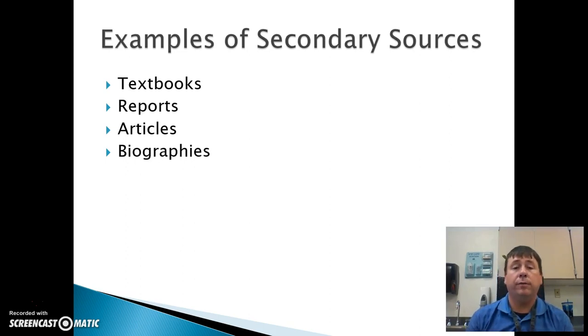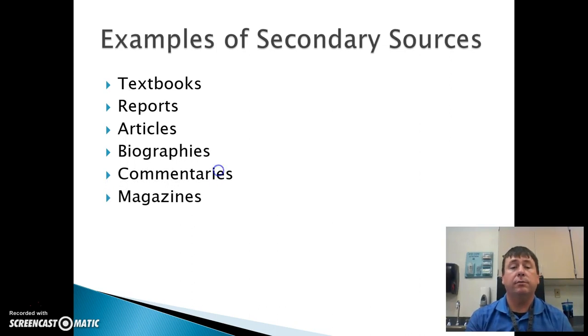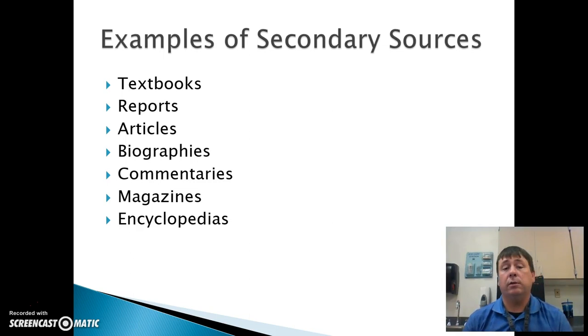If it was an autobiography, it would be a primary source. Then we have commentaries. Somebody that's commenting on something would be a secondary source because they didn't actually experience it firsthand. Magazines, encyclopedias, because the people that wrote the encyclopedias weren't actually there to experience the events in the encyclopedias.